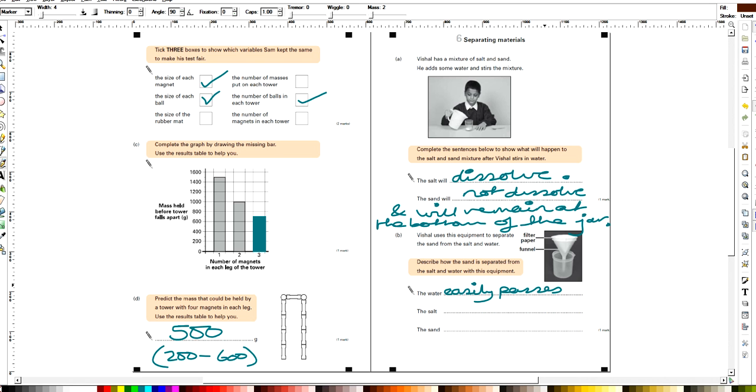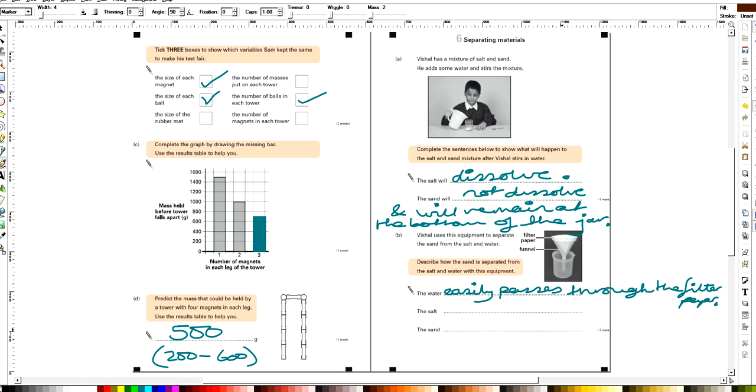Are you writing this down? Or are you just finding yourself the ruler? Easily passes. Can you fit yours on the line, please? Passes through the filter paper. Okay, the water easily passes through the filter paper.